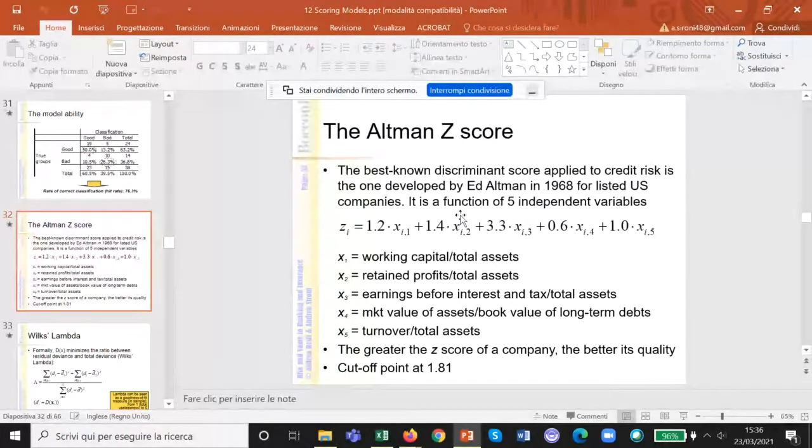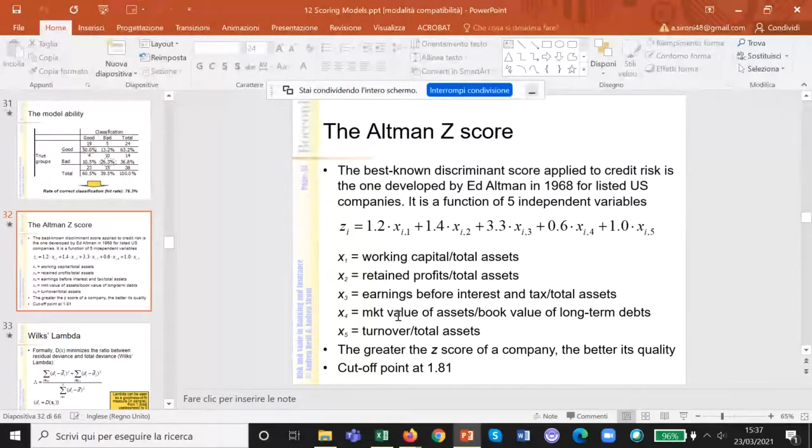And it's actually described in this equation, where the variables that he used are working capital over total assets, retained profits over total assets. So that's profitability. There are a couple of profitability indicators. There is a measure of leverage, which is based on the book value of debt and the market value of the assets, which takes into account the market cap of the company.